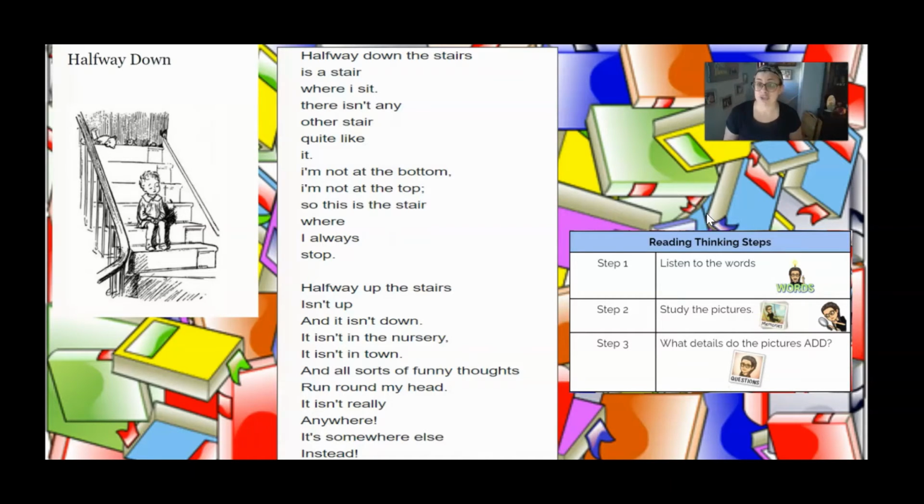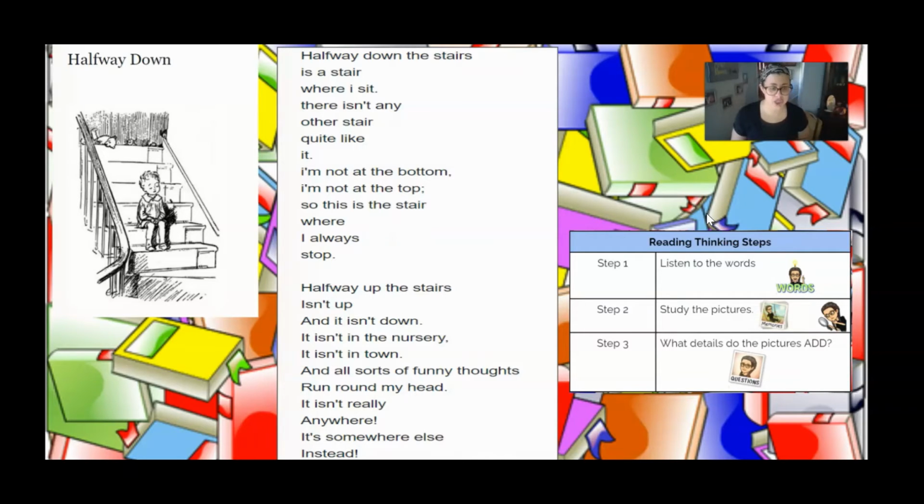What is the child doing? Sitting on the stairs. The words were able to tell us in the first couple of lines, halfway down the stairs is a stair where I sit. That tells us where the child is sitting and what the child is doing. Let's move to step 2.